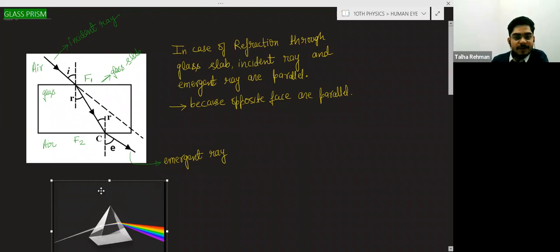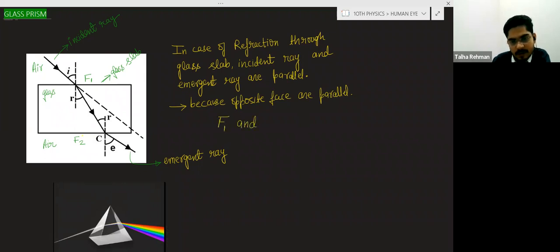So F1 and F2 are the opposite faces. I am writing here, F1 and F2 are opposite faces.